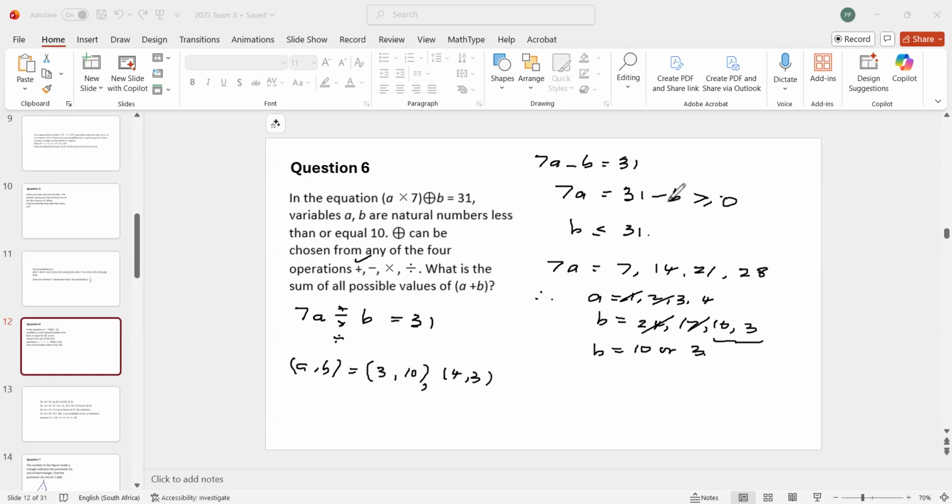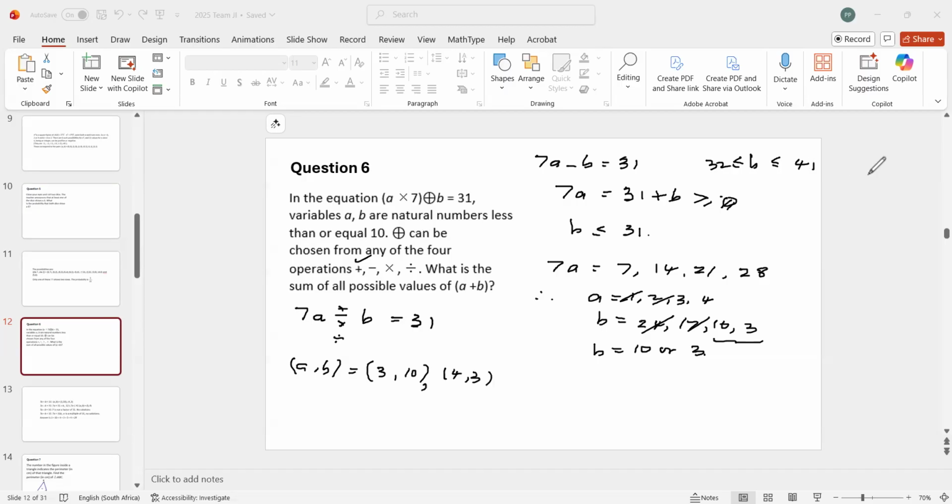So there you have 7A is equal to 31 plus B. And this is greater or equal. So now B is any number from 1 to 10. So therefore, the smallest value for this is 32, and the largest value is 41.